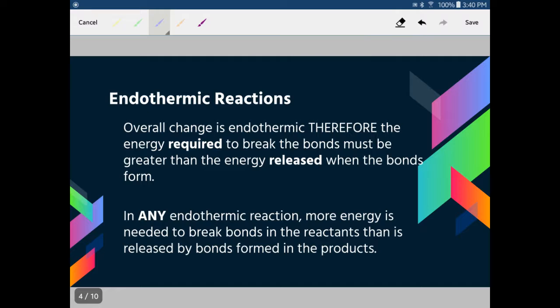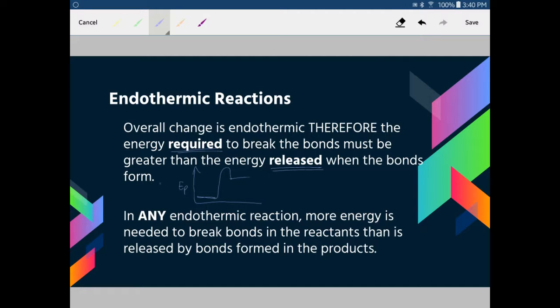So in an endothermic reaction, the overall change is endothermic. Therefore, the energy required to break the bonds must be greater than the energy released. So again, if you think about your diagrams, the energy required would be your activation energy, and the energy released from those bonds formed is less than the energy required to put into your reaction.